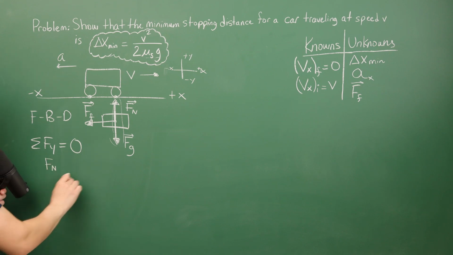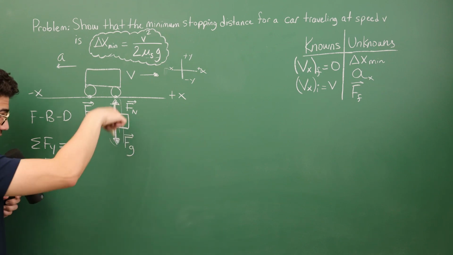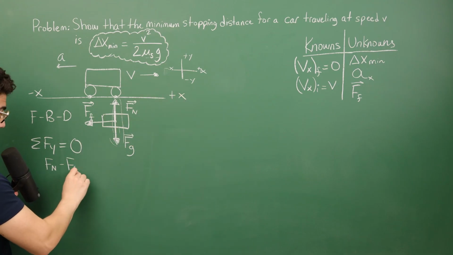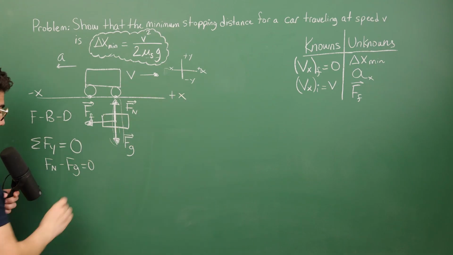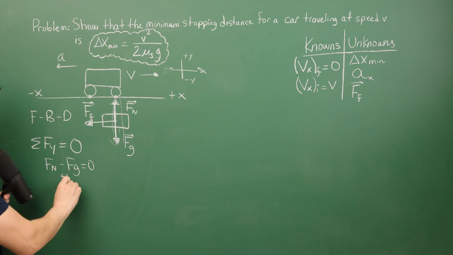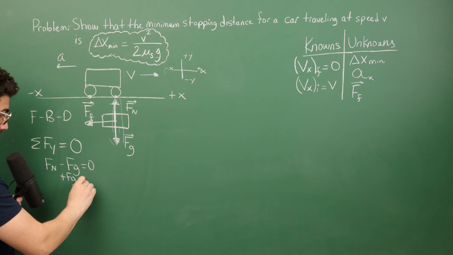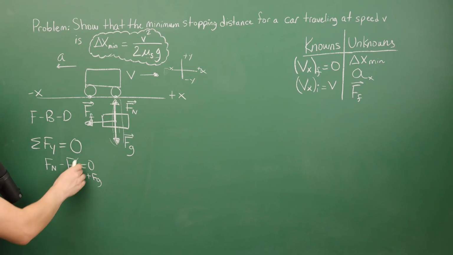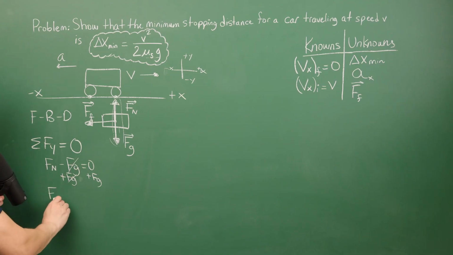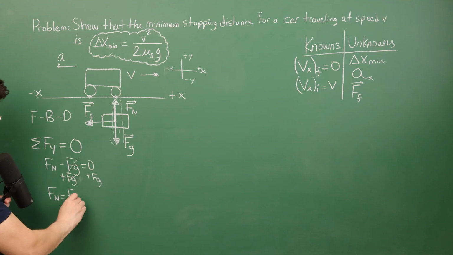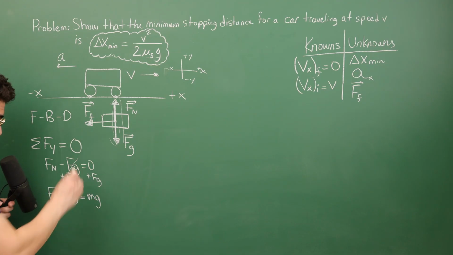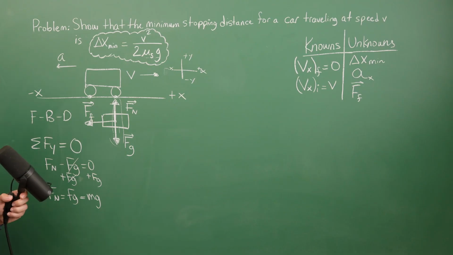So my normal force, and then the force of gravity points down, so that's a negative force. Minus Fg will be set equal to 0. I can simply add this over, and I'm going to get that the normal force is equal to the force of gravity. And I know the force of gravity is equal to mg, always. So we're going to use this in just a moment.